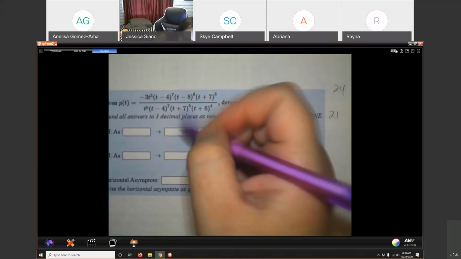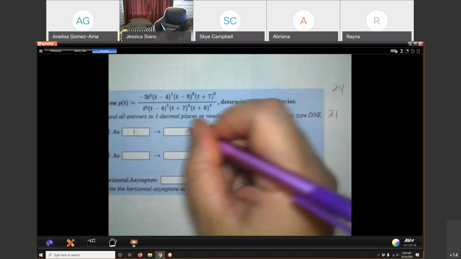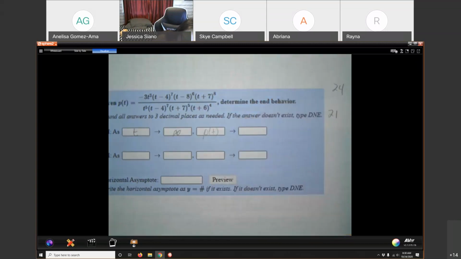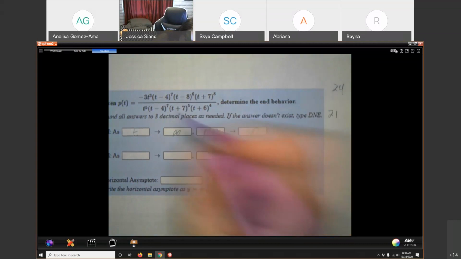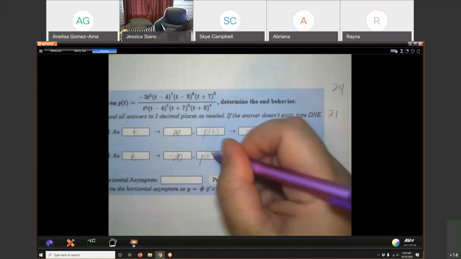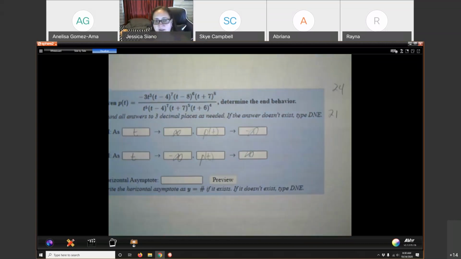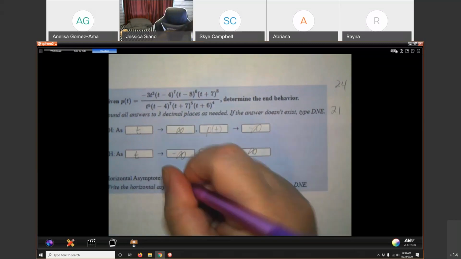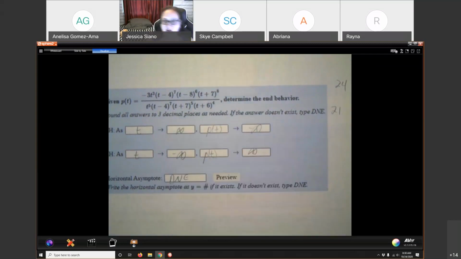So this time I'm going to say as t approaches infinity, p of t approaches negative infinity. And as t approaches negative infinity, p of t approaches positive infinity. And then the horizontal asymptote was again d and e because we had a bigger degree on the top.